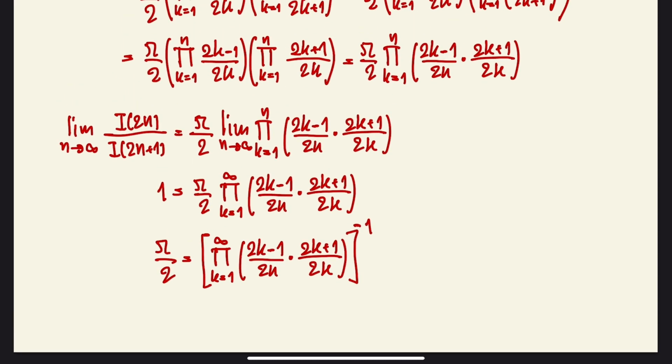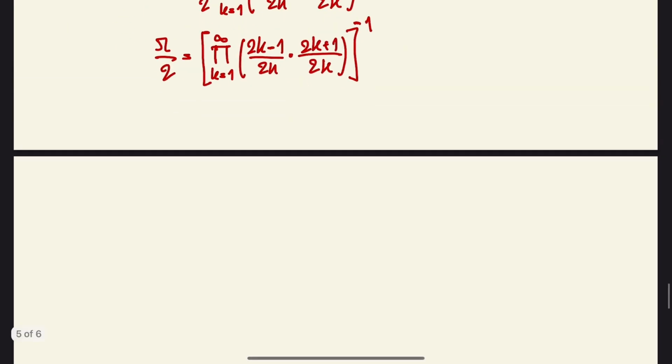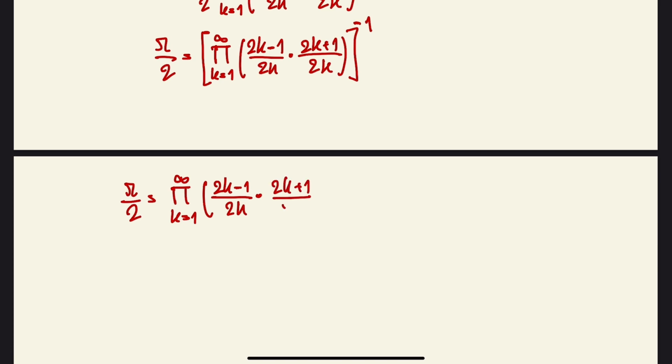Pi over 2 is the big pi from k equal to 1 to infinity of 2k minus 1 over 2k times 2k plus 1 over 2k, raised to the negative 1.